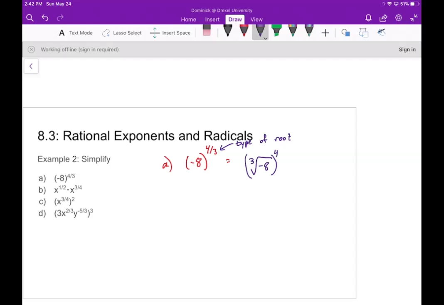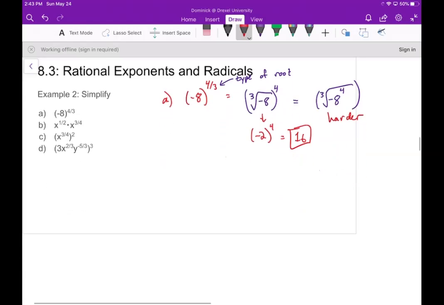Again, we could also think of this as -8 to the 4th, and then take the third root of that. But -8 to the 4th is going to give you a big number, so this is usually harder. So let's do this form. Well, the cube root of -8 we just saw was -2. And if we raise that to the 4th power, we get 16. And we didn't have to work with any extremely large numbers there. So that's usually the way that we want to do this.